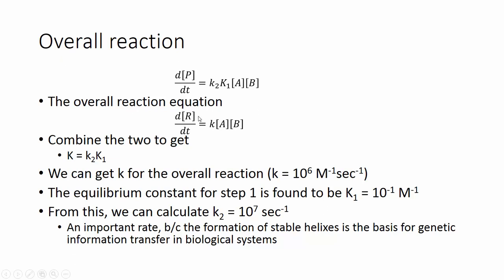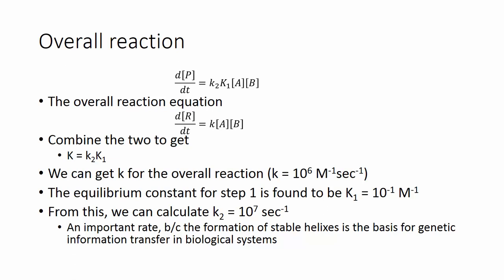Let's also consider the overall reaction equation. We combine the two reaction equations to get big K is equal to little k2 times big K1. So we can get our K from the overall reaction: K is equal to 10 to the 6th per molar per second.